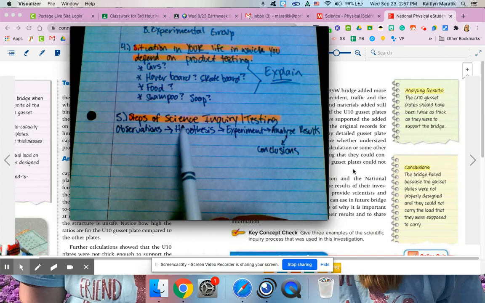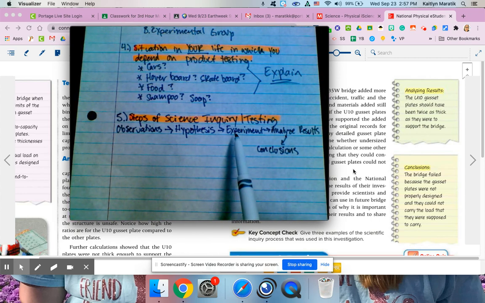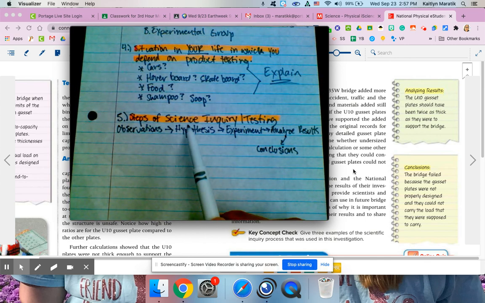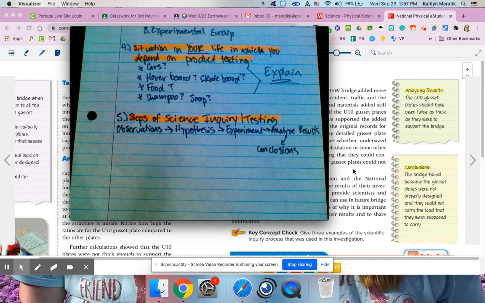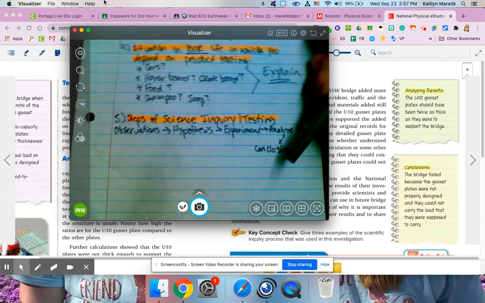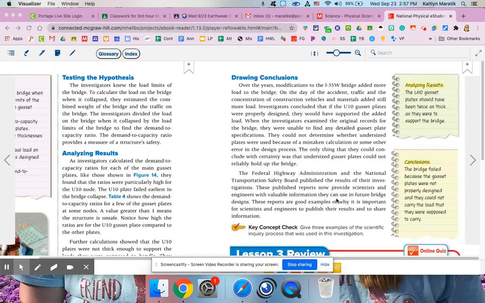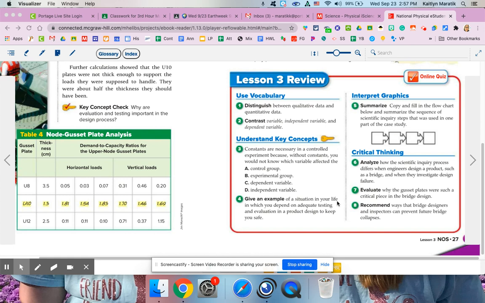So when they thought it was just shear, there's just too much weight, and then they found out after experimenting that it wasn't just the weight, they had to go back and make a new hypothesis until they're like, yes, this all fits. If even one piece of the puzzle doesn't fit, you haven't answered your question. So that's number 5.